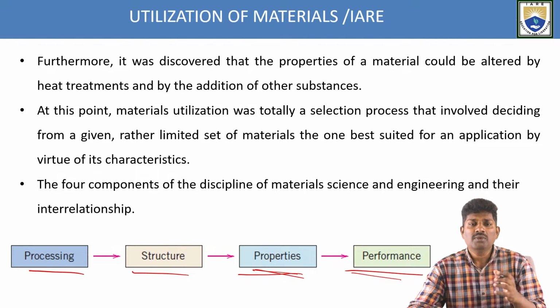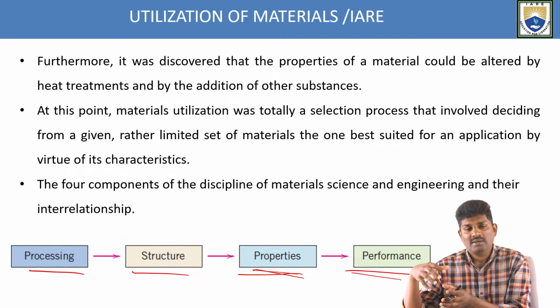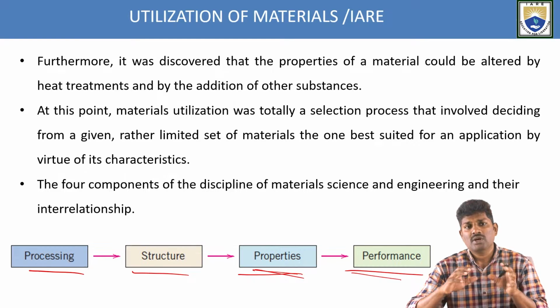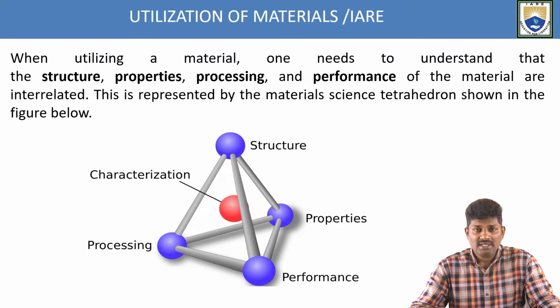So that's why you have to check clearly what you have to change, and by changing this, the performance of the material will be altering, as well as the structure of the material. So all these things you have to take into consideration. Now when utilizing a material, one needs to understand the structure, properties, processing and performance.